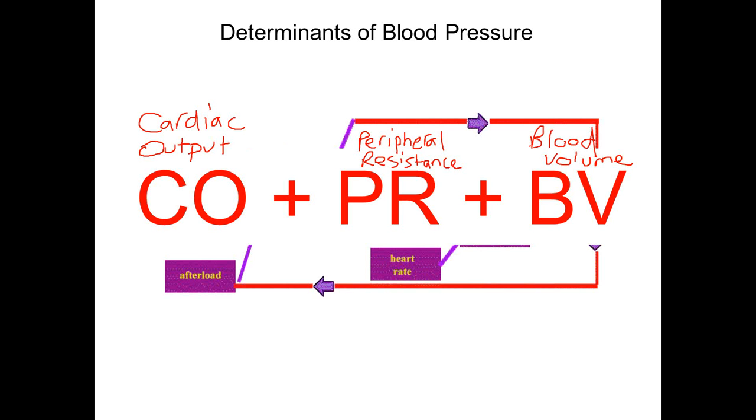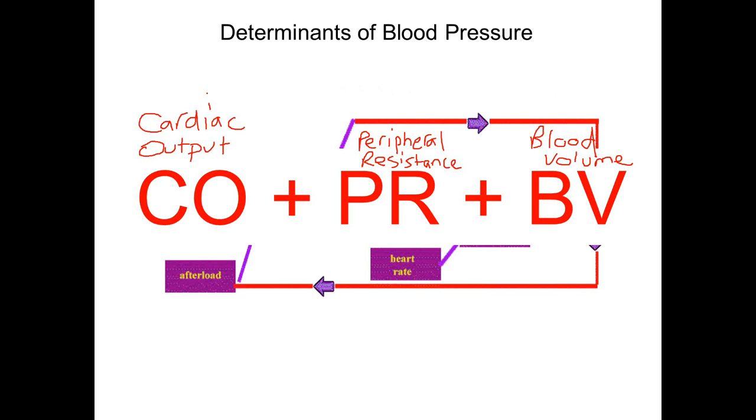and that increases the pressure. So, 3 things determine your blood pressure: your cardiac output, how fast your heart is beating, how much blood is pumped at one time; the peripheral resistance, how open or closed your vessels are, particularly your arteries and arterioles; and the blood volume, how much blood there is in the system.